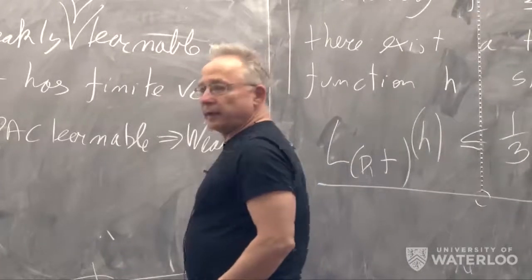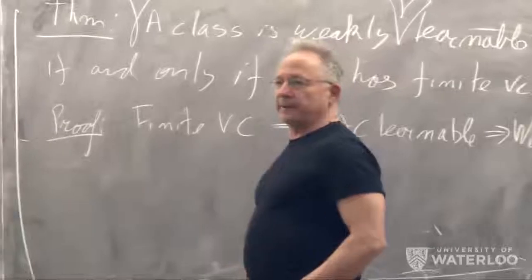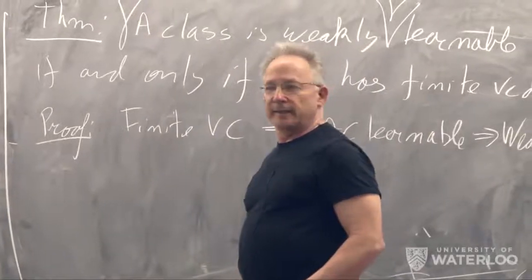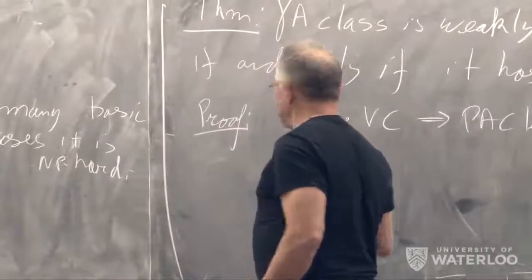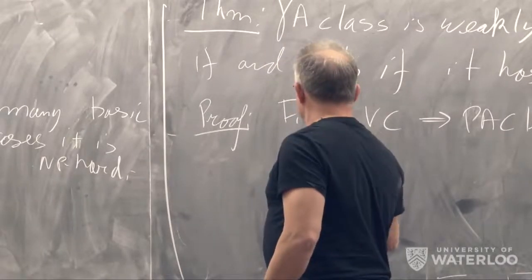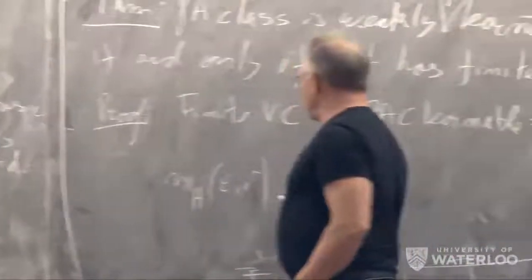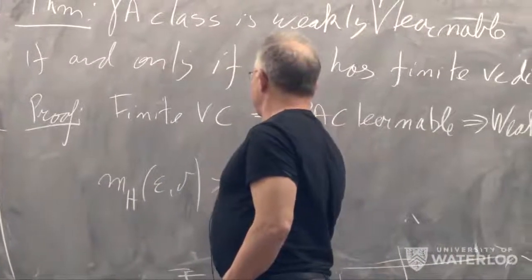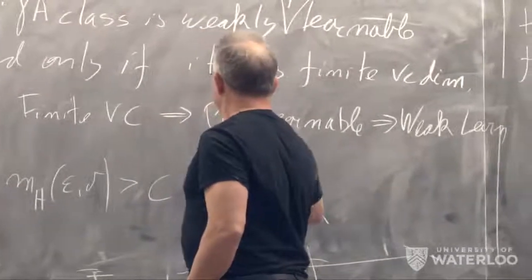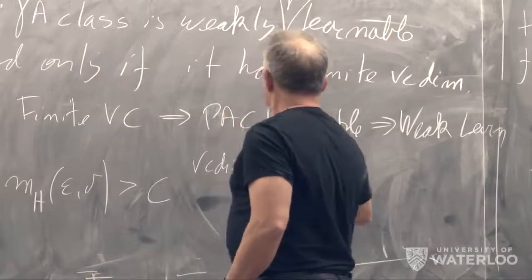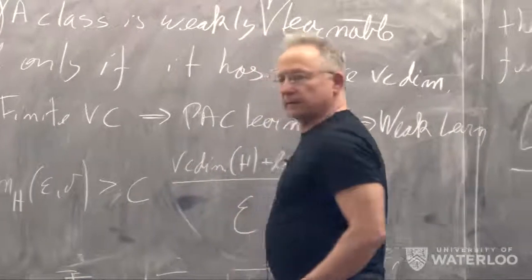And in the other direction, we know that infinite VCD implies we know the sample size. We know that M_H of epsilon, delta is at least some constant times VCD of H plus ln 1 over delta, divided by epsilon.